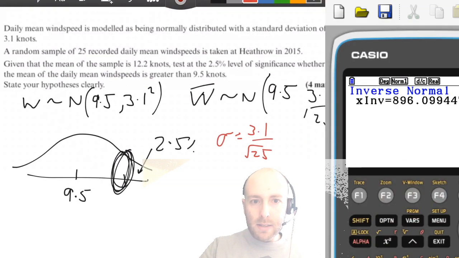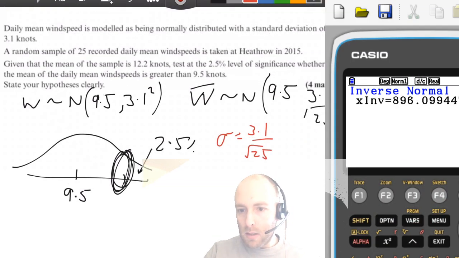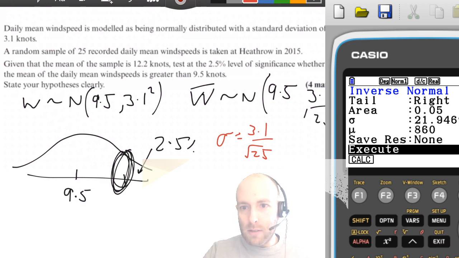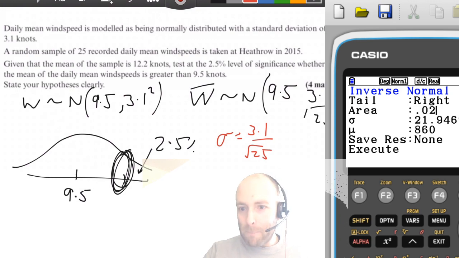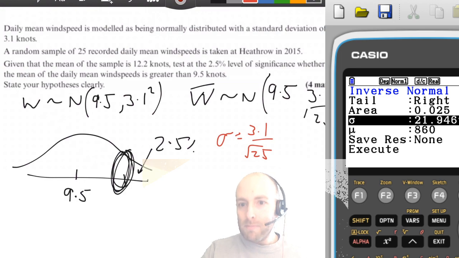So I bring back the calculator. Go back, and we're going to go tail to the right. Area 2.5%, so 0.025.